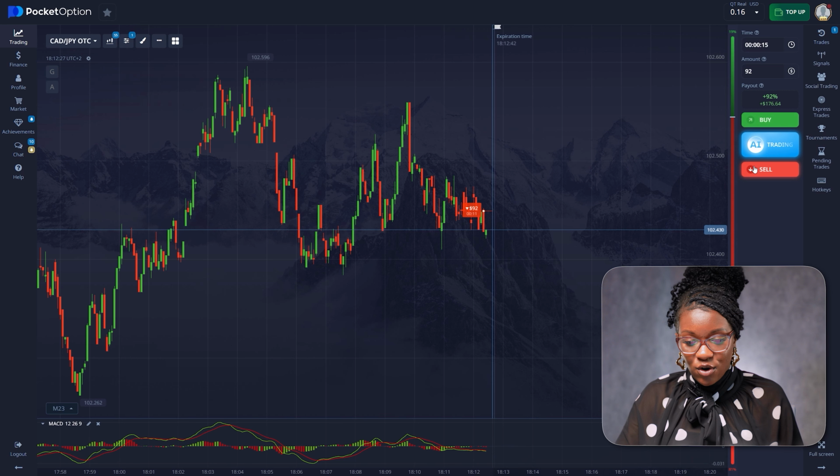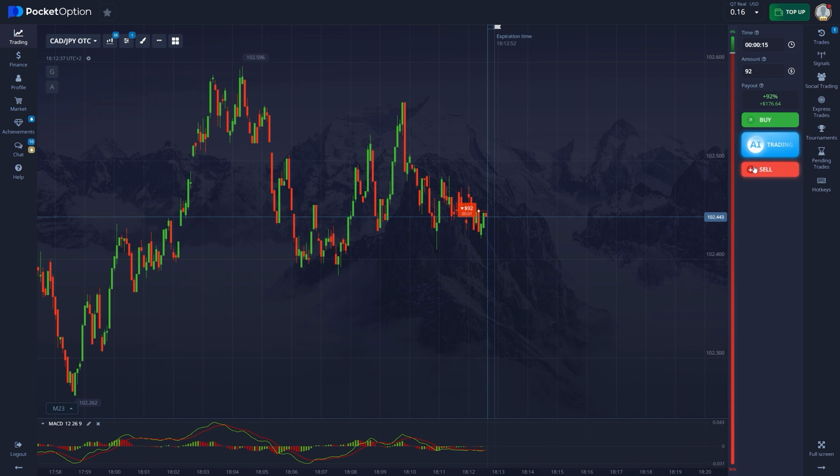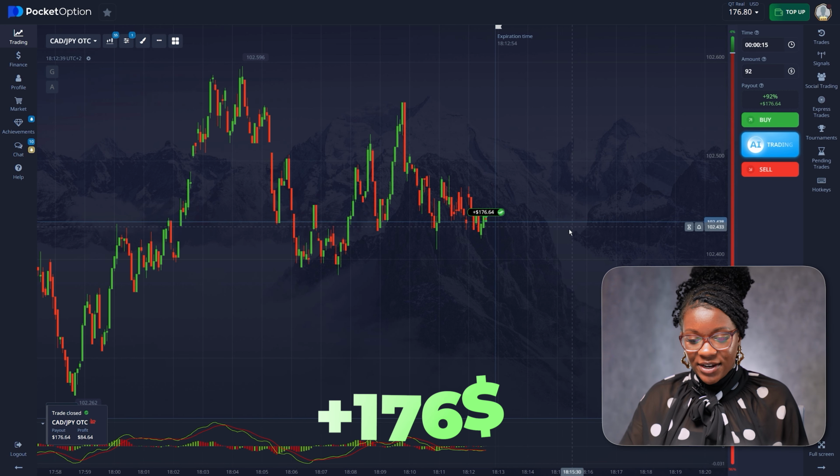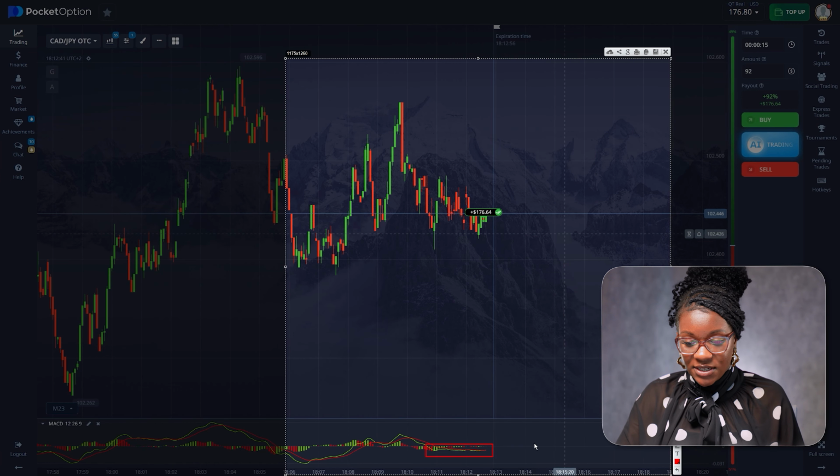Due to this, I opened down and waited for the expiry time. Here, great. The deal closed pretty close to the entry point. Nothing interesting happened. Here we have the MACD indicator below the zero mark and the general movement is still downward.